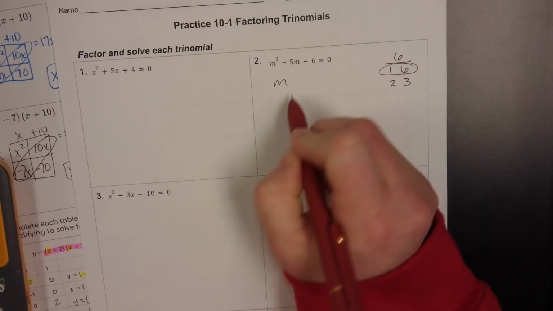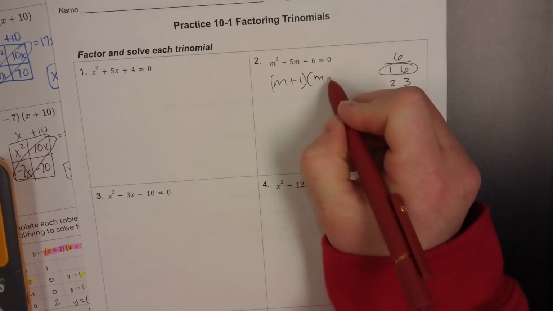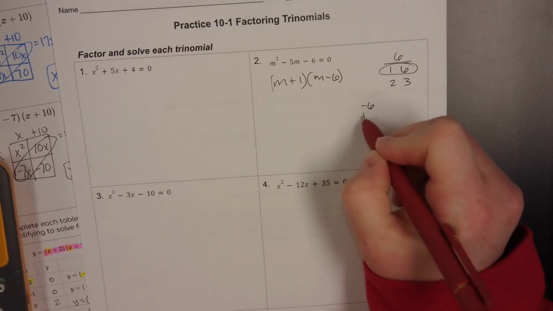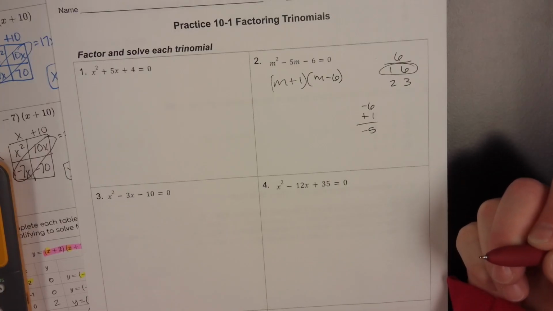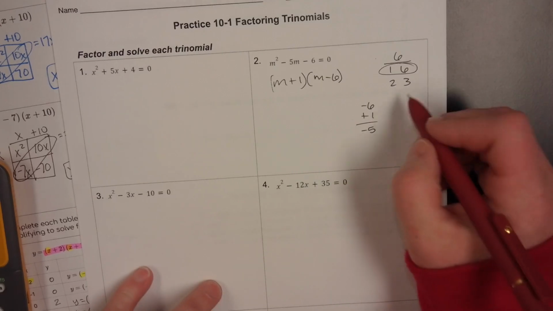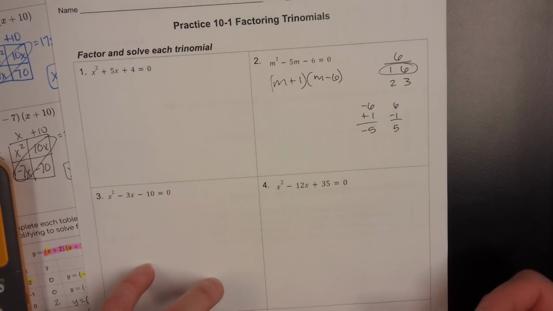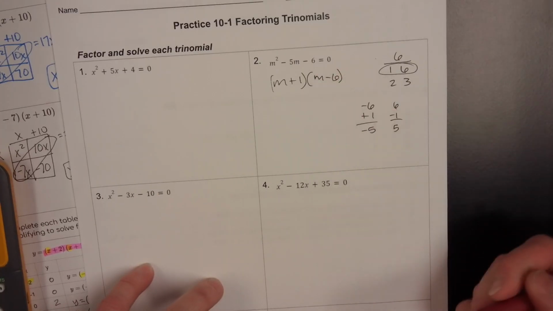One of them has to be a positive 1, and one of them has to be a negative 6. Okay, because negative 6 plus 1 will give you negative 5. All right, if you did it the other way, it wouldn't give you a negative 5, it would give you a positive 5 if you said 6 minus 1. So we want our signs to go here and here. If you multiply it back, it will give you a negative 6.